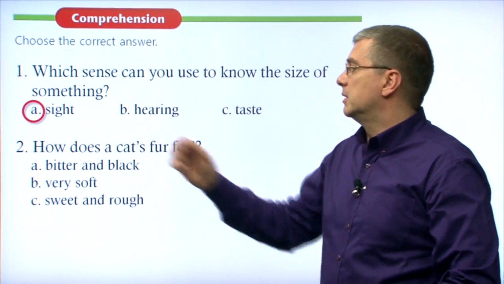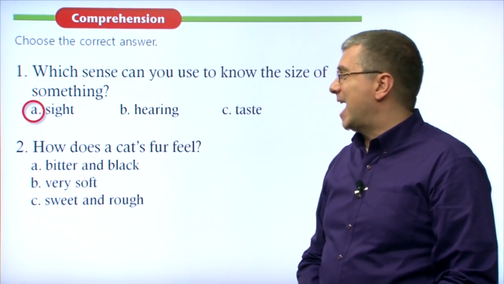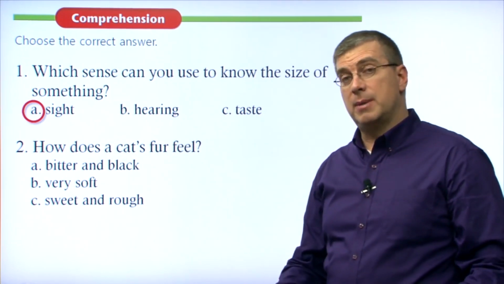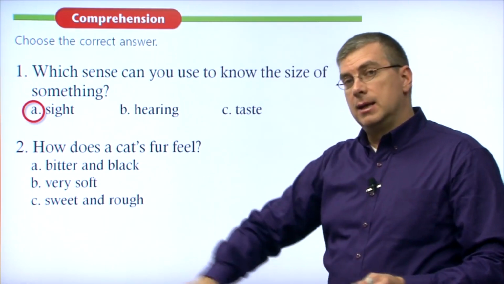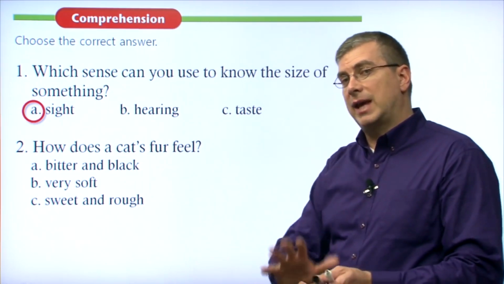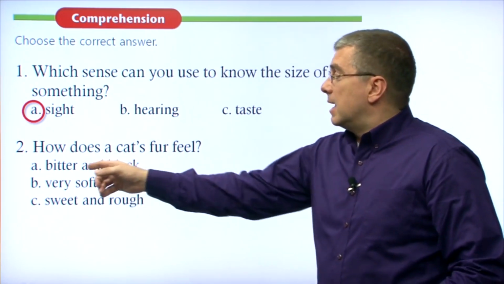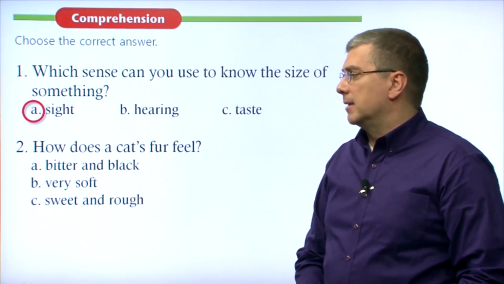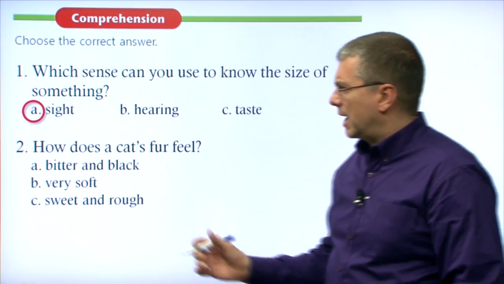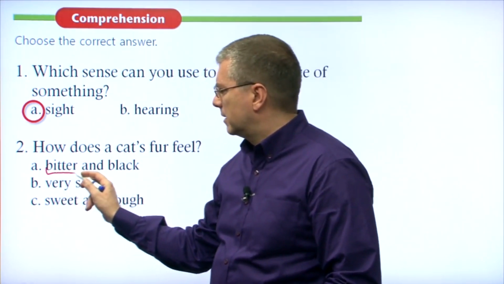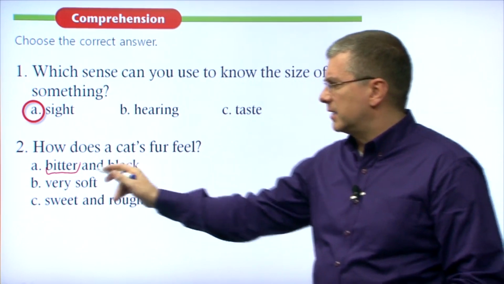Okay. Number 2. How does a cat's fur feel? We talked about that. If you pet a cat, you put your hand on the back of a cat and you feel its fur, the hair on its body. A, bitter and black. It's kind of strange, right? Bitter has to do with taste, so we're talking about feeling, not taste.